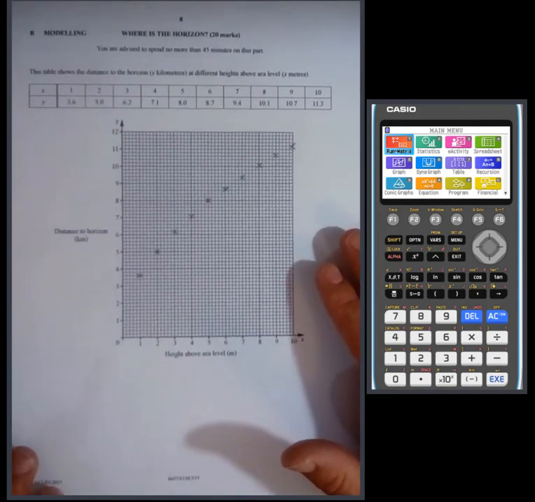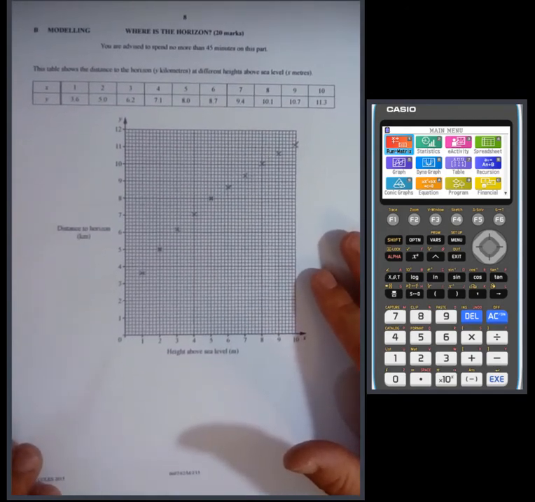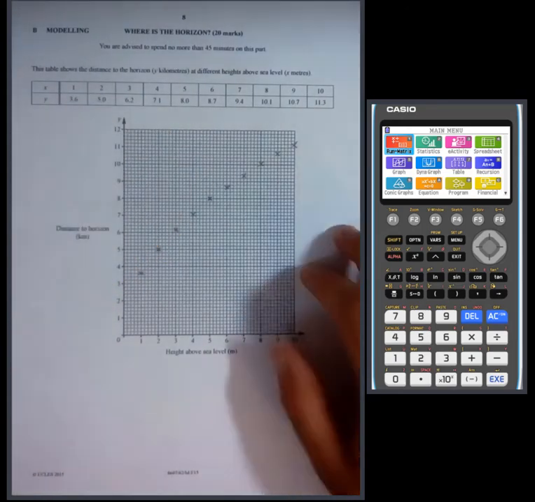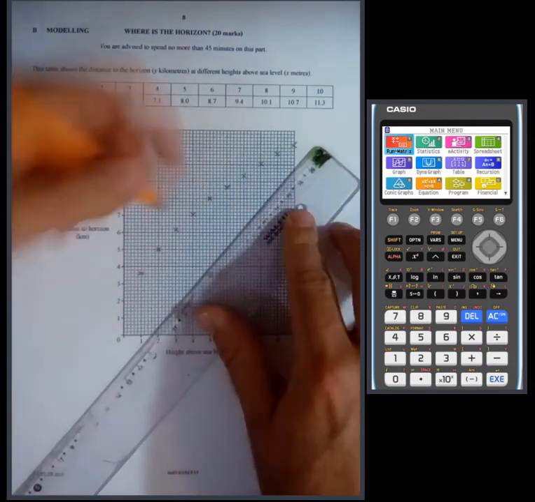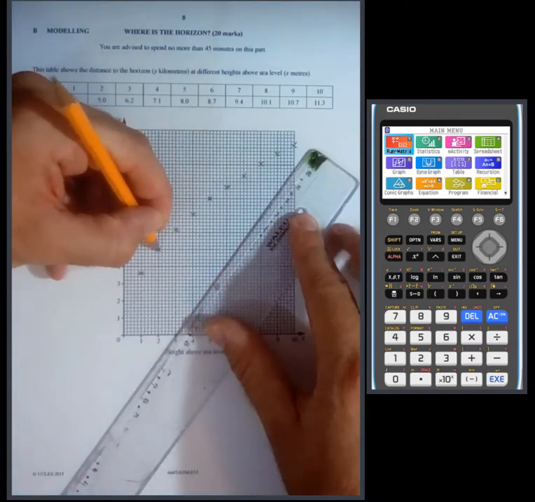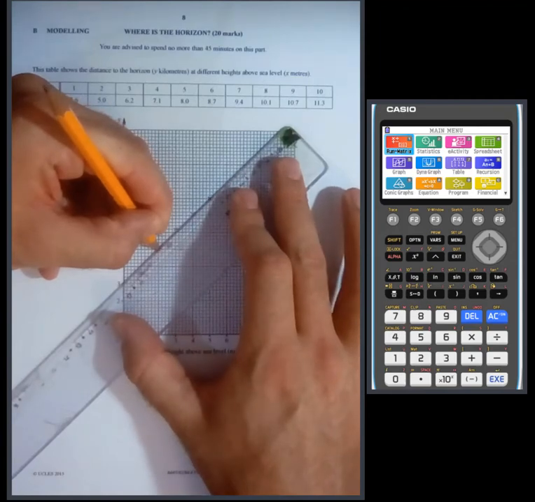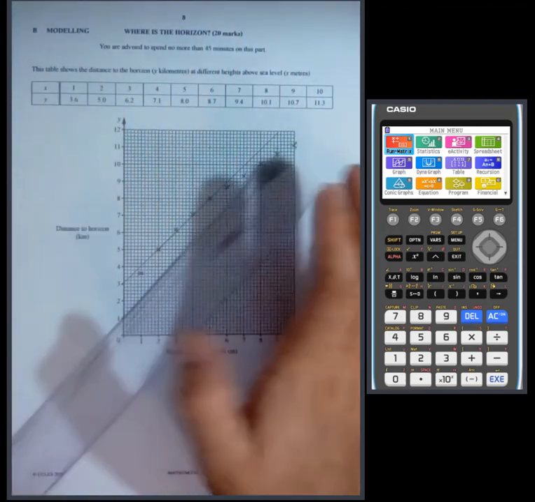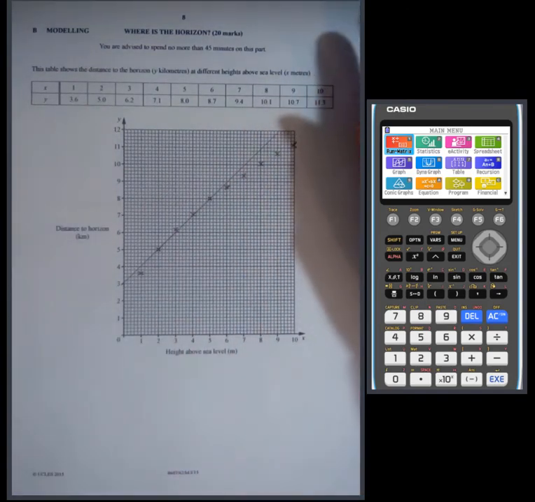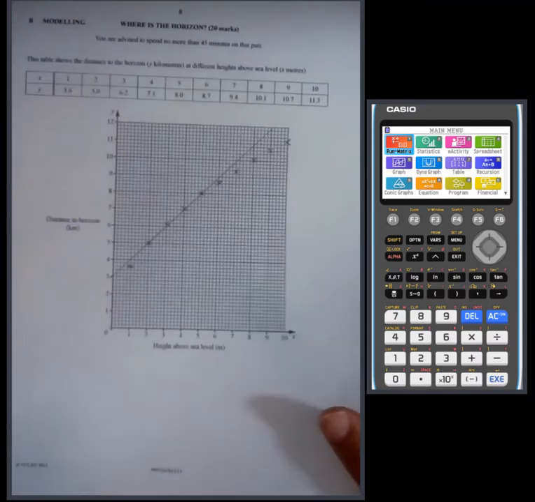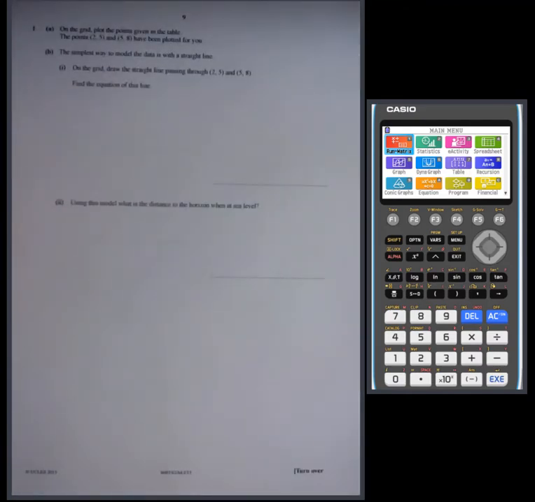So we need to find 2, 5 and 5, 8. 2, 5 is this one, 5, 8 is there, and we need to draw that line and extend it. Okay, so there's the straight line. Doesn't look like it's fitting the data very well, but we'll see what they're going to ask us about it.